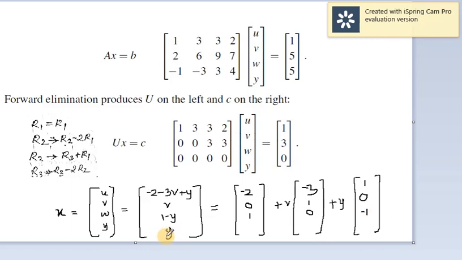Now the last one is y. So we need to write 1 over here, and this would be 0, and even this would be 0.